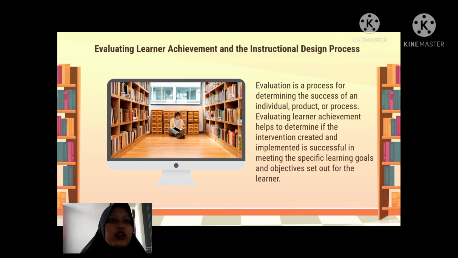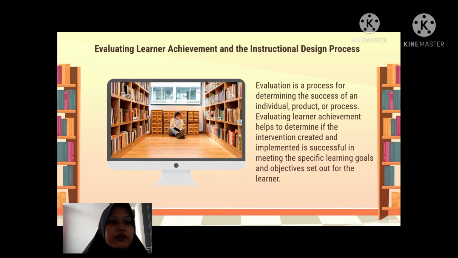First, what are the goals and objectives of the intervention? Second, what data need to be gathered in order to measure whether the learning goals and objectives have been met? Third, what instruments are needed to gather this data? Fourth, are there instruments currently available or do the instruments need to be made?